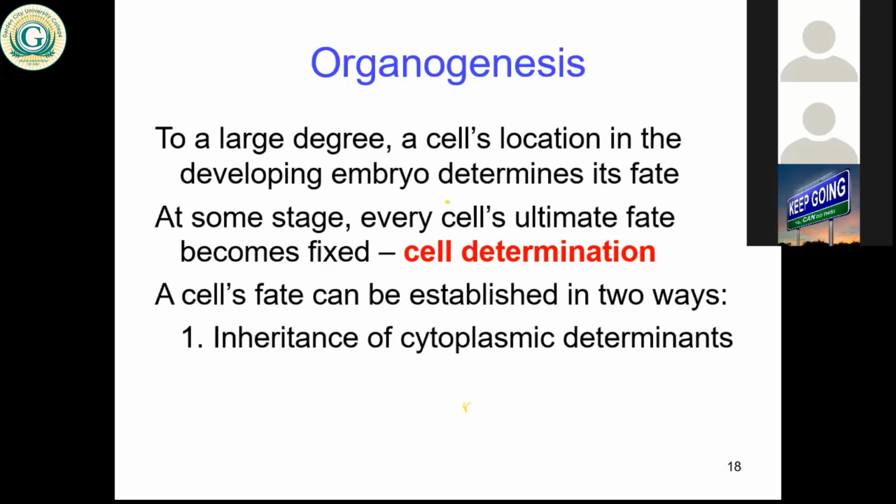Remember, in fertilization, I said that we get a lot of things from our mothers. Apart from the genes that we get from our fathers, all the cytoplasmic proteins and everything are gotten from our mothers. So we inherit most of the things from our mothers and our fathers, okay? So the cell determination for the cell to go and form, that is why we can look alike. Some people, when they are there with their father or their mother, you can't see differences.